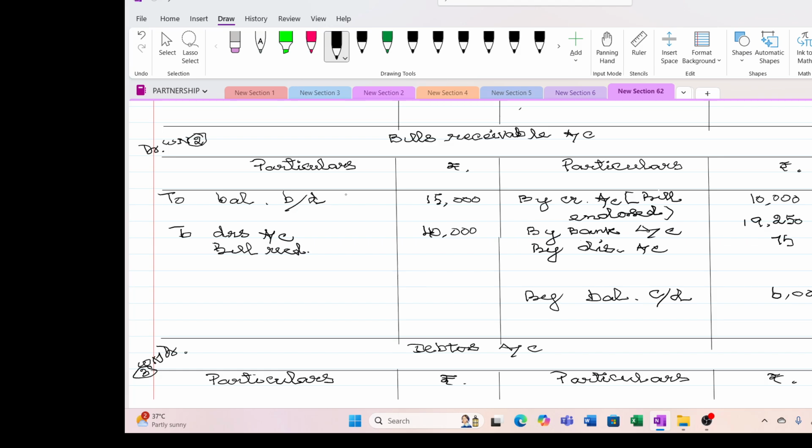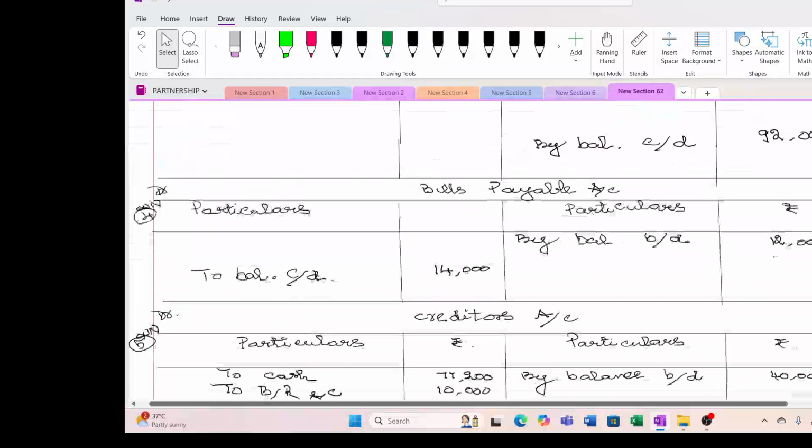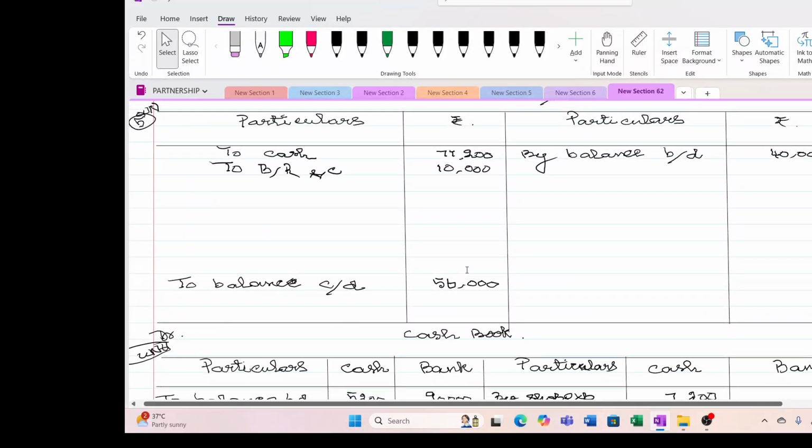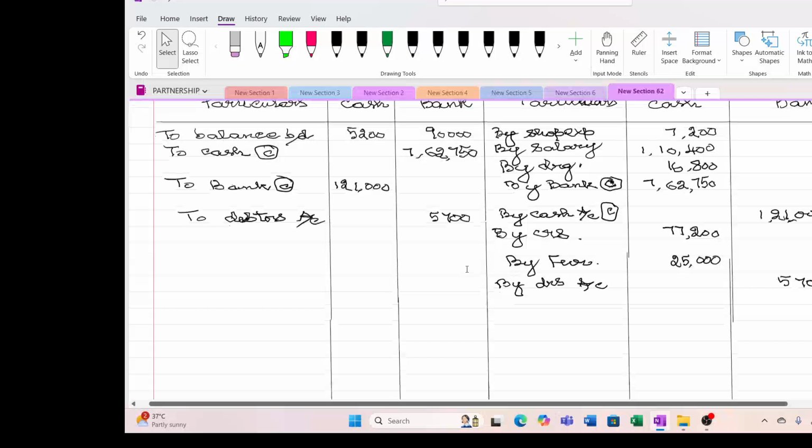Okay, so now the total 20,000 is to bank account. In the bank account, we will be getting 19,250.